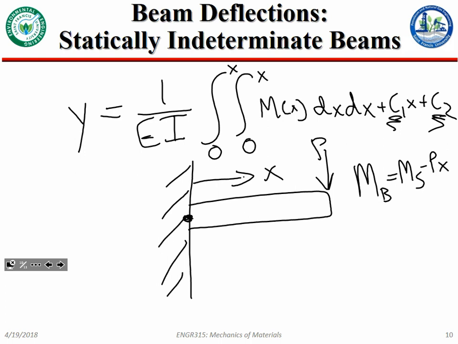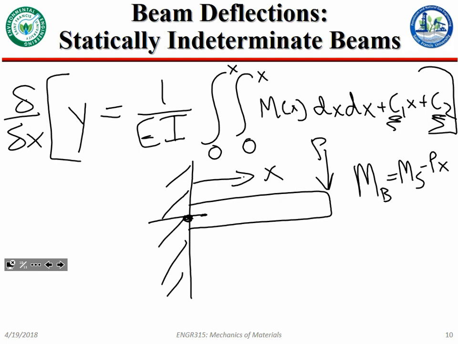But we can also know the slope at the wall. We know the slope of the neutral axis, which is the same thing as if I found the derivative of this equation, it's the slope, right? That's what we went through, like the tangent function, how it's equivalent to the slope, which is equivalent to the derivative.